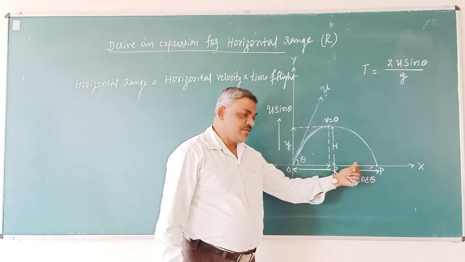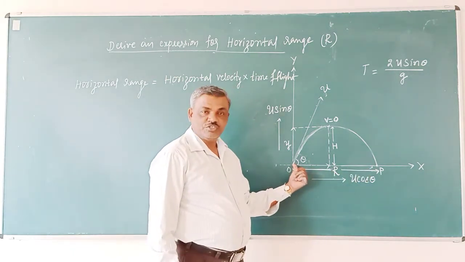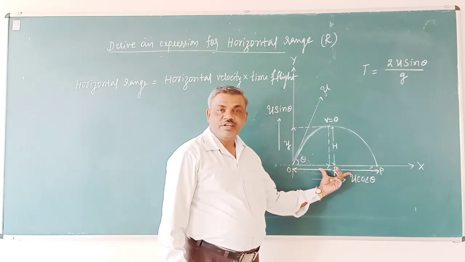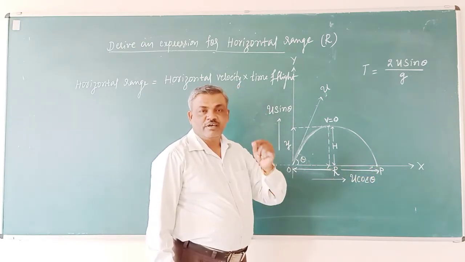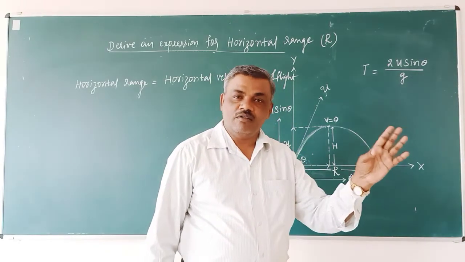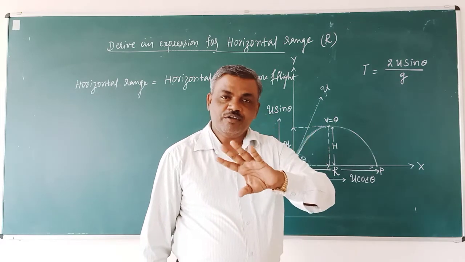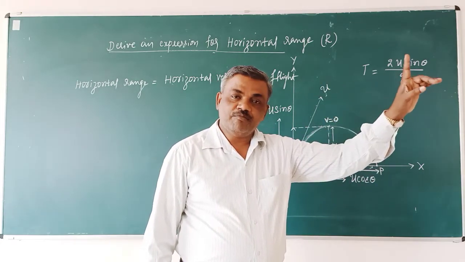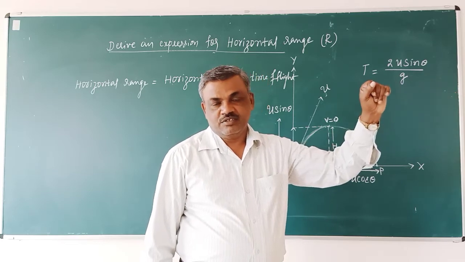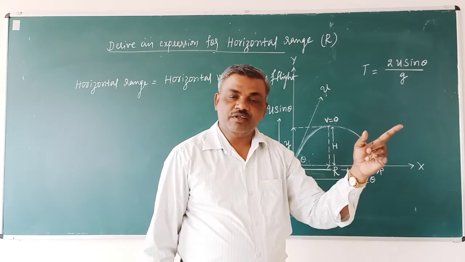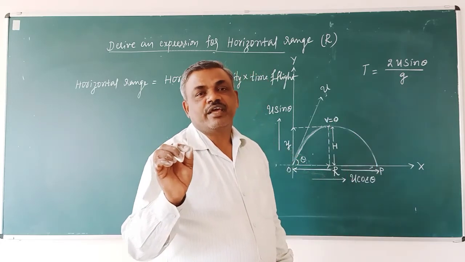The distance between the point of projection and where the particle meets the plane is called the horizontal range. For example, you are standing at a point and throw a ball. The ball moves in projectile motion and then meets a certain point on the earth's surface. You measure from your point of projection to where it meets; that distance is called the range.